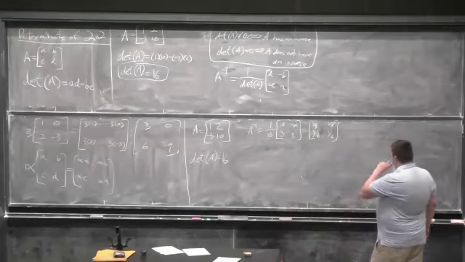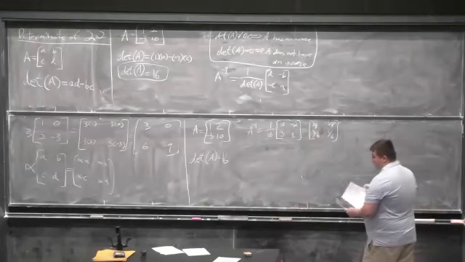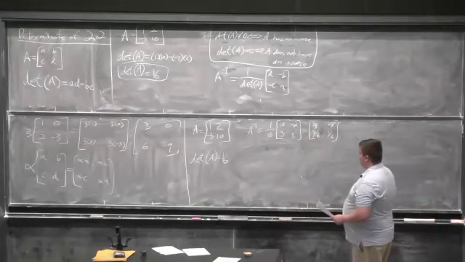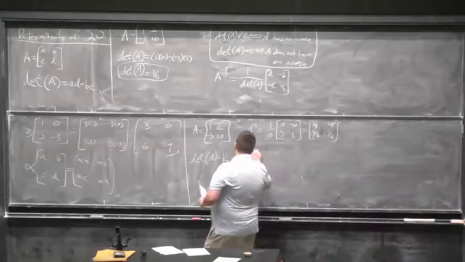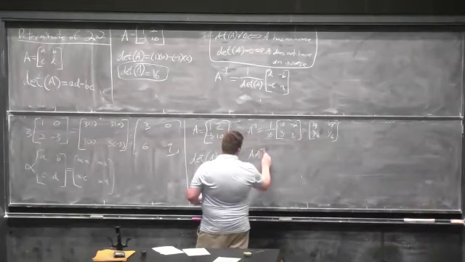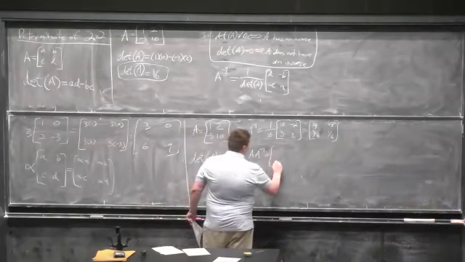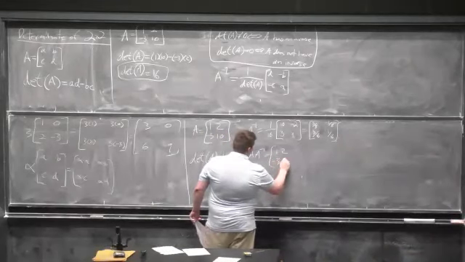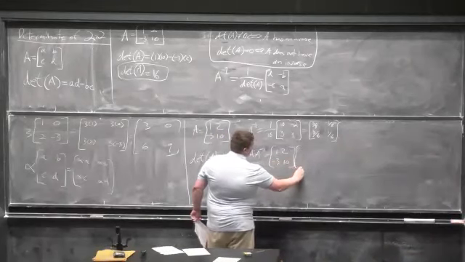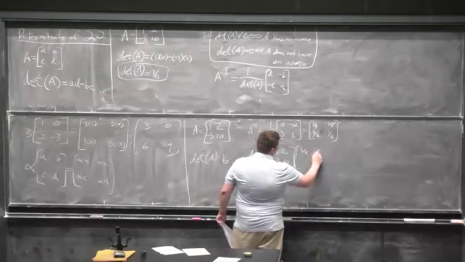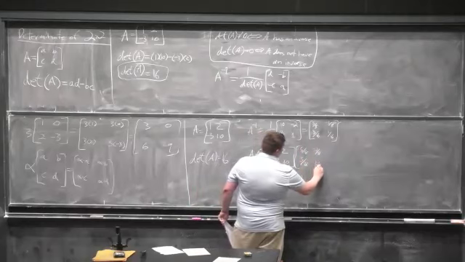Okay, now we want to verify that this is actually an inverse. So let's take A times A inverse. I'm going to have 1, 2, -3, 10 times 5/8, -1/8, 3/16, and 1/16.